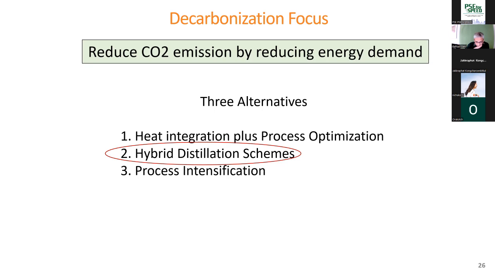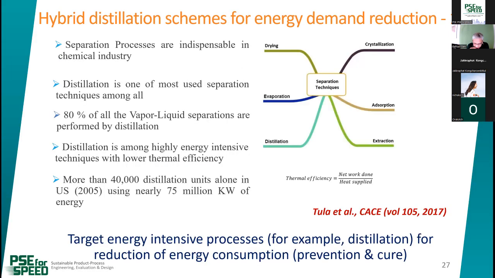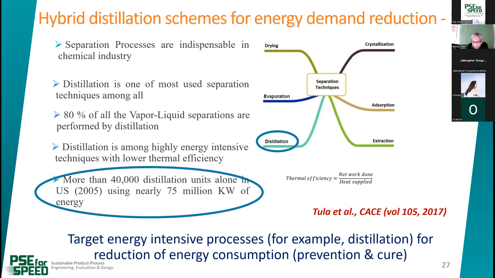Talking about, again, energy demand, and we are talking about hybrid distillation. Why hybrid distillation? Because we can see from this figure, among the different separation techniques like drying, evaporation, distillation, extraction, adsorption, crystallization, among all of these, distillation is the most energy intensive.